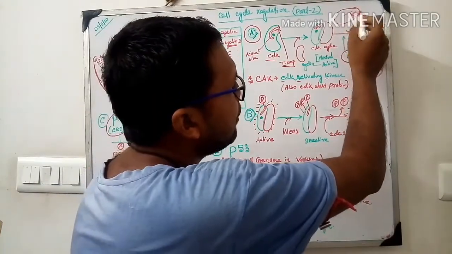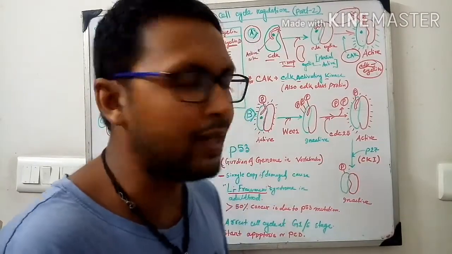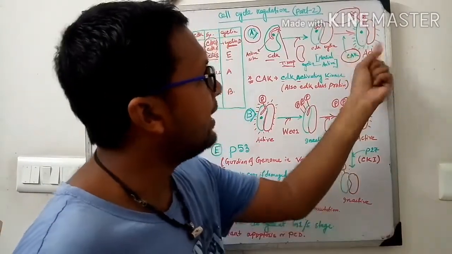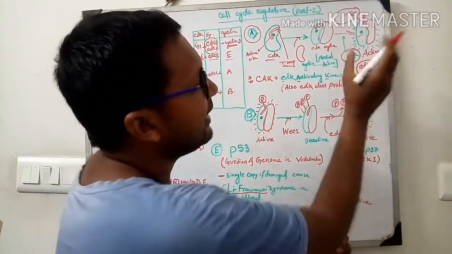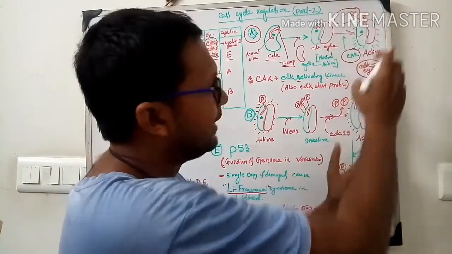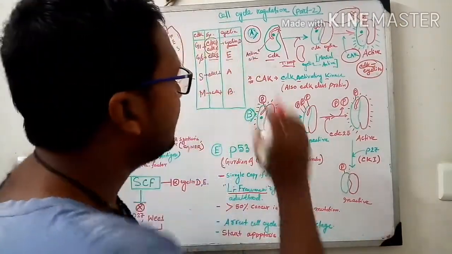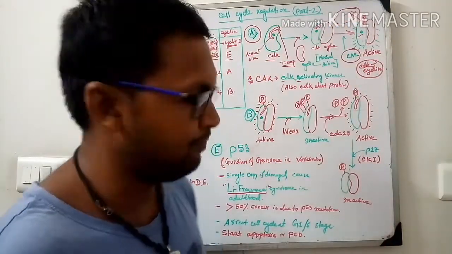As a result of this phosphorylation, the CDK's conformation changes again and the active site is fully free. So after attachment of CAK, the CDK and cyclin are now active for further function. This is the criteria for CDK-cyclin activity.